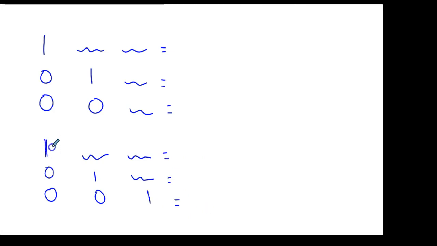That gives you a coefficient of 1 on your first variable, 1 on the second variable, and 1 on the third variable, which makes it easy to solve using back substitution.